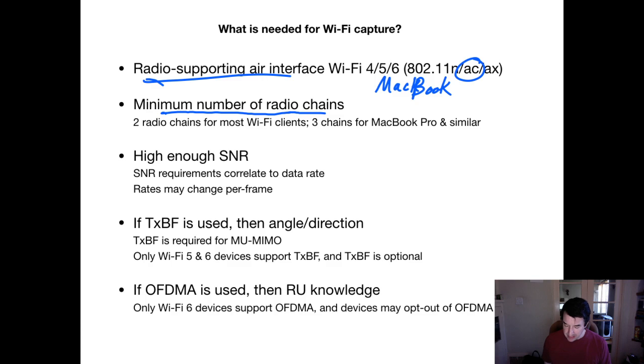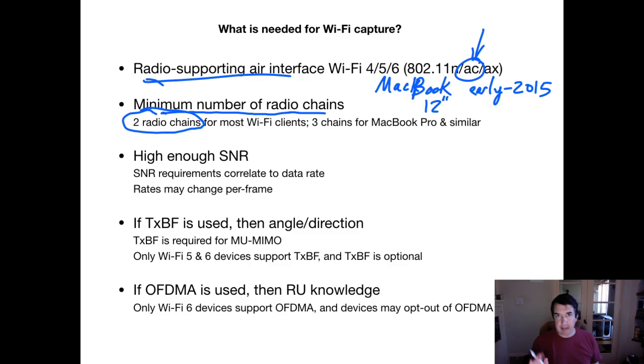It's the early 2015 edition of the MacBook, the 12-inch screen MacBook. That version of the MacBook is 802.11ac, and it has 2 radio chains. So I'm able to capture at that level or below.